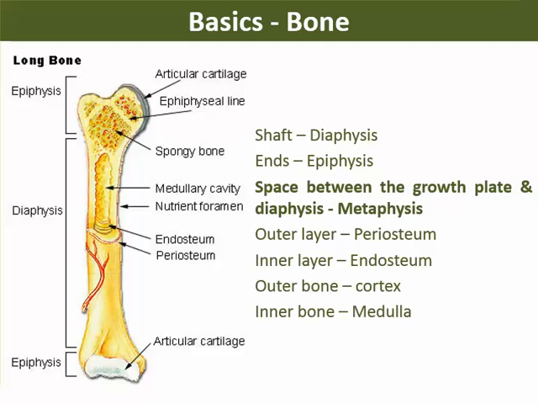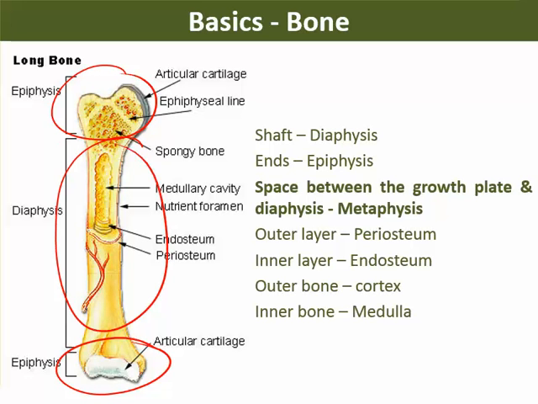So now let us talk about only basic things which you all know about bone, because I think in anatomy they would have discussed it. Normally, we classify the long bone into two ends and a shaft. Ends are called epiphysis. Shaft is called diaphysis.